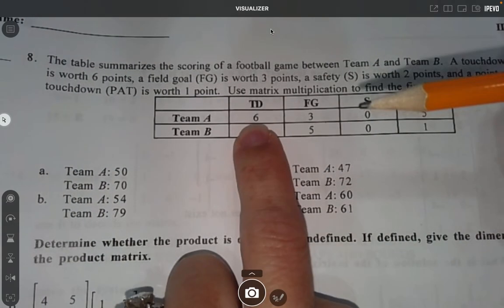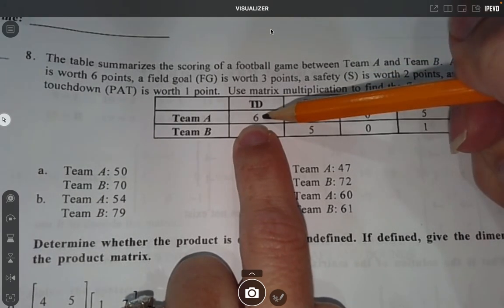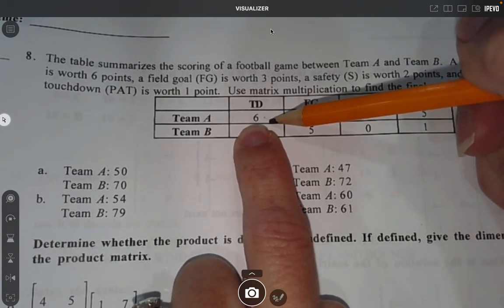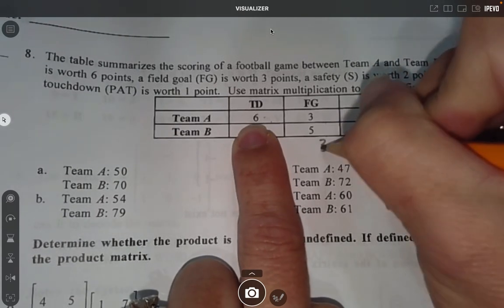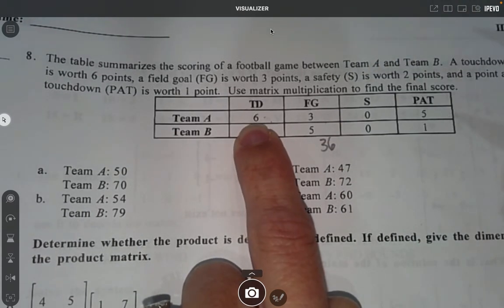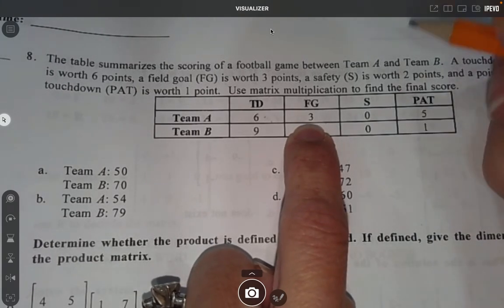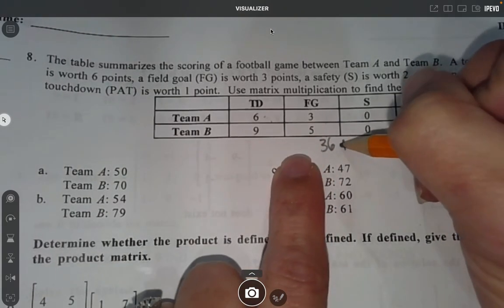So look, it's telling you, Logan, Team A scored 6 touchdowns. How many points would that be? 6 times 6 is what? 36. So I'm going to write that down. They scored 3 field goals. So that's 3 times 3, which is 9.